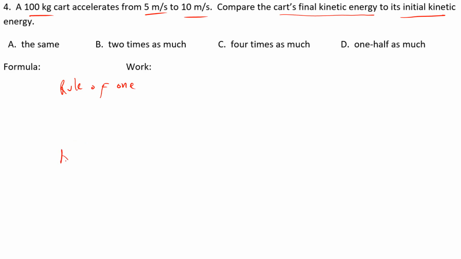And so the equation is KE equals 1/2 mv squared. If I'm just plugging in values, let's write down all that information. Mass was 100 kilograms. The initial velocity was 5 meters per second.